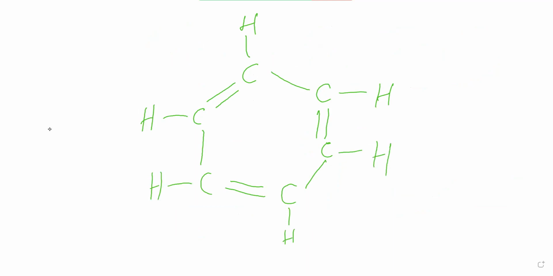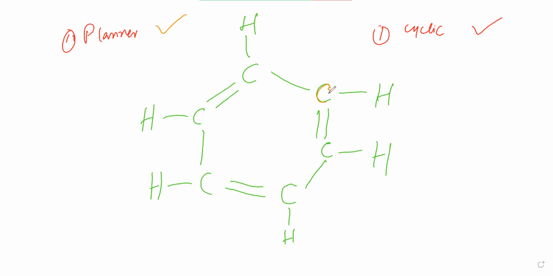Now let's do it. The first point, is it cyclic? Yes. Second point, is it planar? Yes. How do you know? Each carbon here is sp2, sp2, sp2, sp2, sp2, sp2.